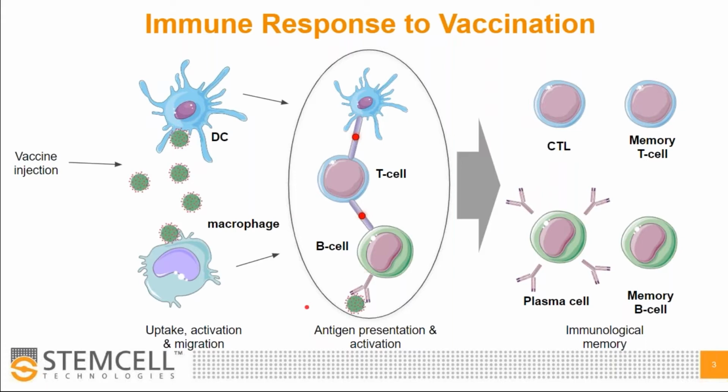These cells then also become activated, and this initiates the adaptive arm of the immune response, which is characterized by the activation of cytotoxic T lymphocytes, antibody-secreting plasma cells, and memory T and B cells, which form the immunological memory.